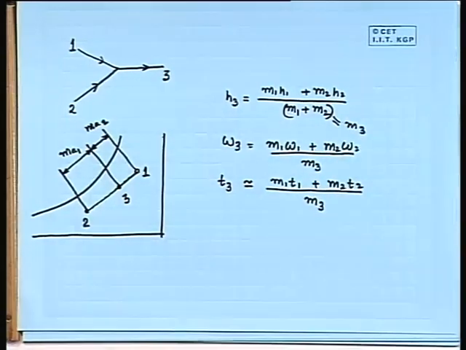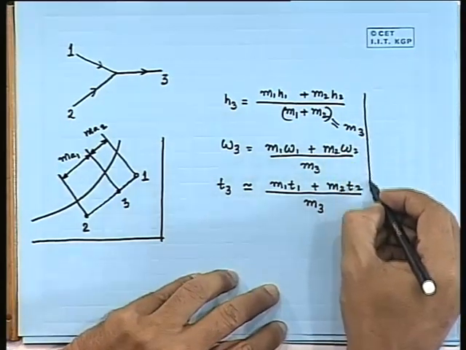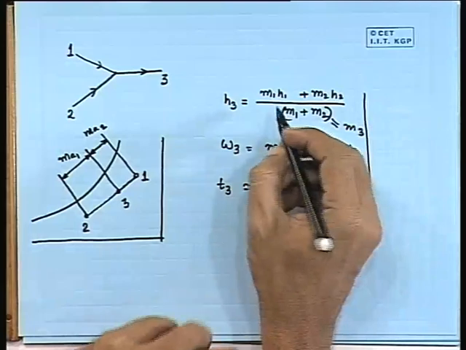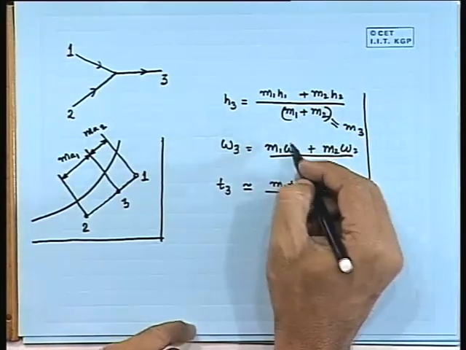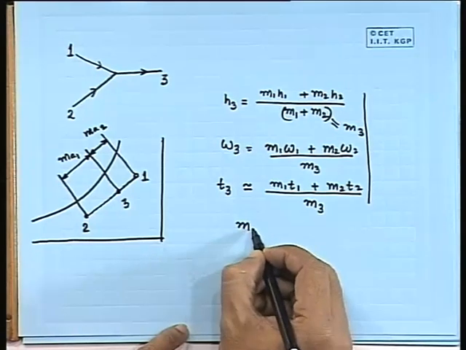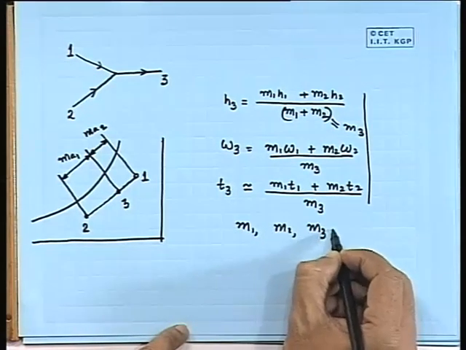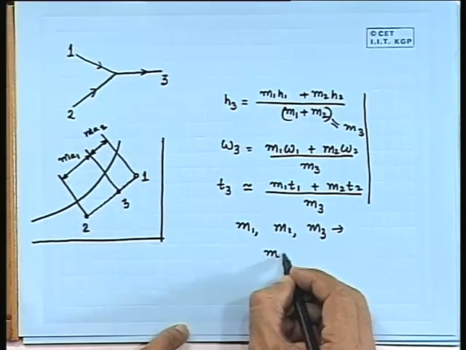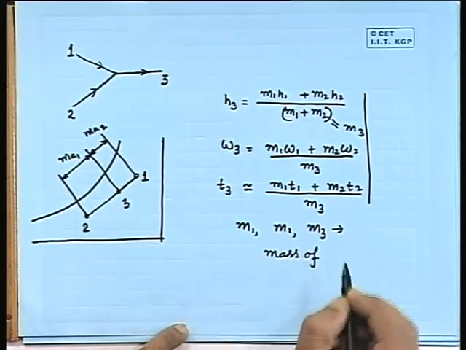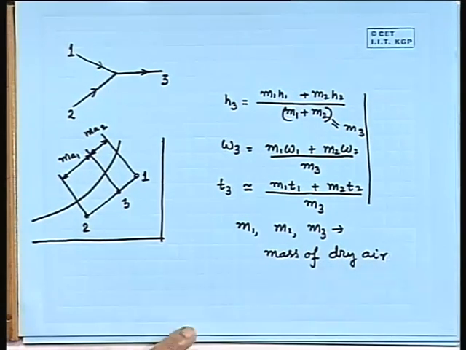Here of course, please note down one thing that is important, and it is a slip of the pen. See here M1, M2, M3, let me write M1, M2, M3 as mass of dry air, because I have told that I am doing the analysis based on the mass of the dry air.